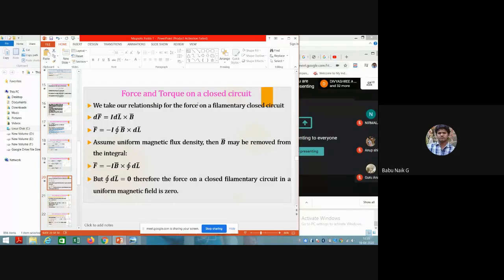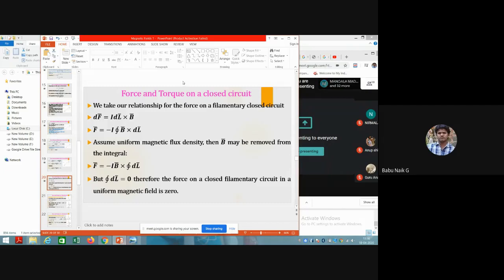A closed circuit is nothing but, you can imagine, a rectangular shape made of wire. At the two ends of the wire we apply the source. When we apply the source to that rectangular wire, the current will flow through the closed loop.